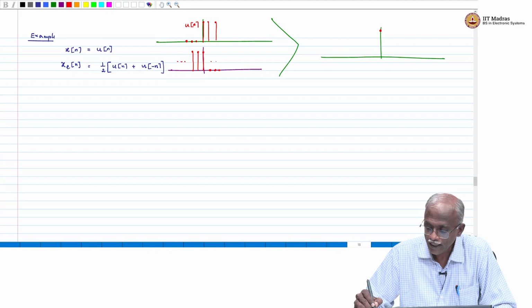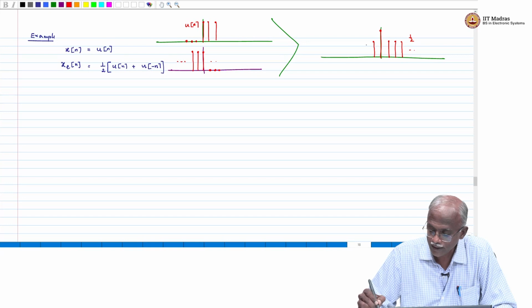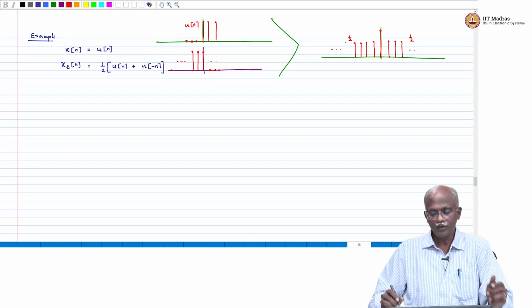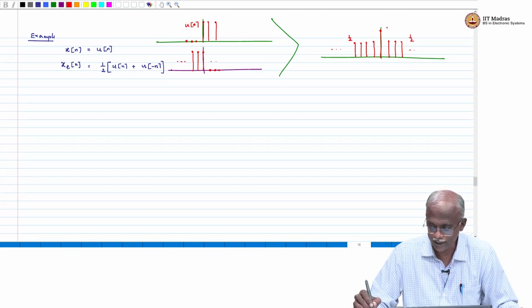This has a height of 1. On the right side, you have all samples with a height of half. And on the left side also, very interestingly, all the other samples except n equal to 0 have a height equal to half. You can verify that; this has a height equal to 1.